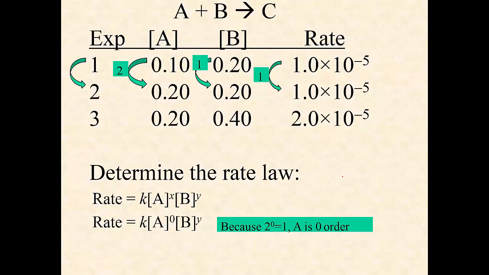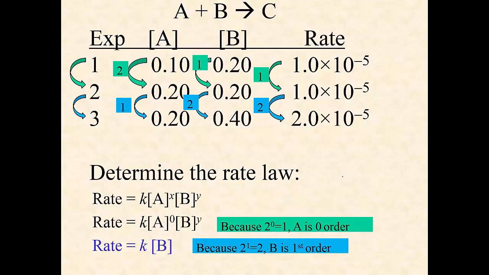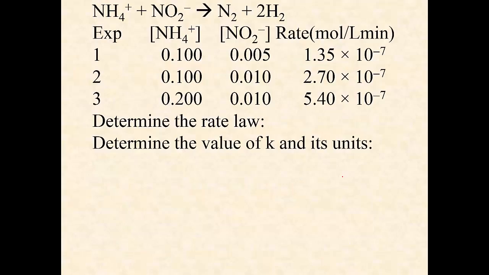So therefore, A is not part of the rate law. Then look at what happened between trial 2 and trial 3. You held A constant, B doubled, your rate doubled, so this time B did have an effect. So you know that it is first order with respect to B. So this rate law only has the reactant B involved in it. So not everything always has an exponent. You have to figure it out.